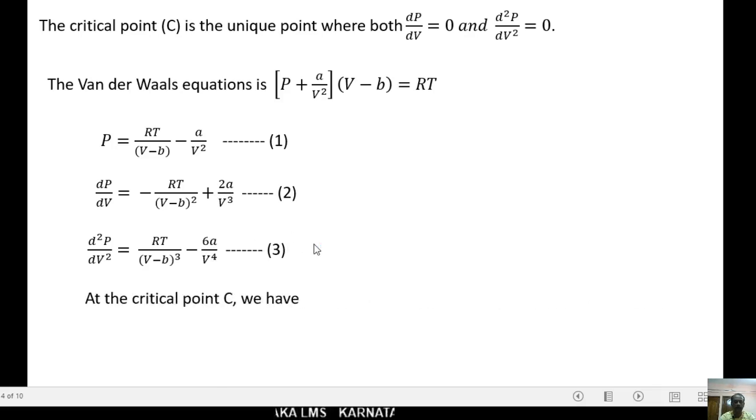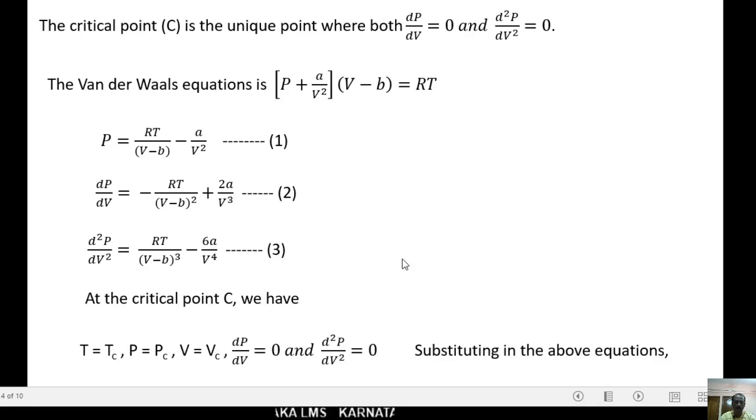At the critical point C, the unique point, dp by dv equals 0, and d square p by dv square is also equal to 0. At this condition, T is replaced by critical temperature Tc, pressure is replaced by critical pressure Pc, and volume is replaced by critical volume Vc.